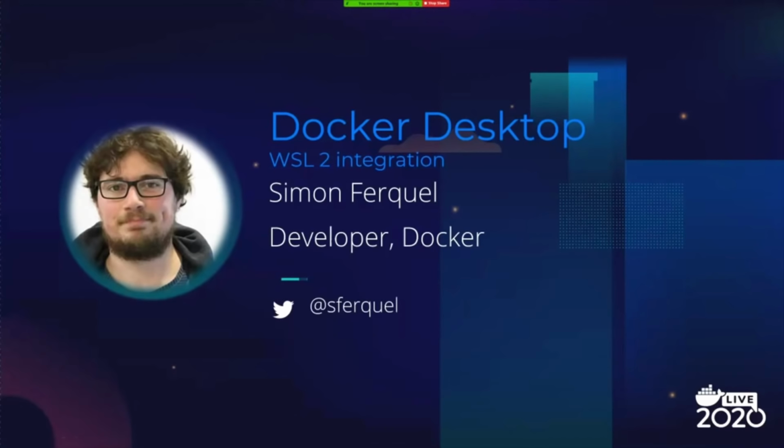And that means that we have kind of a complex infrastructure to maintain. So when we introduce something like WSL integration, we have to think very carefully about how not to add too much complexity to an already quite complex project.